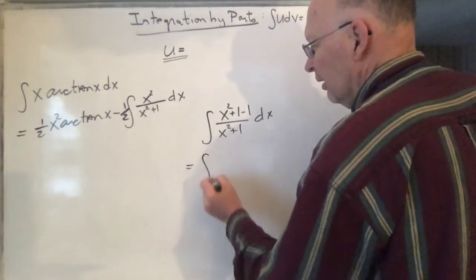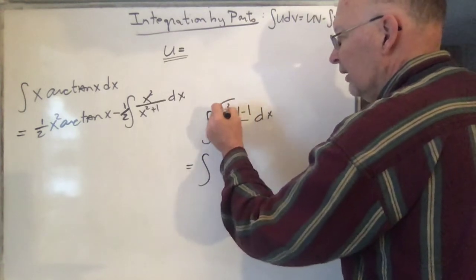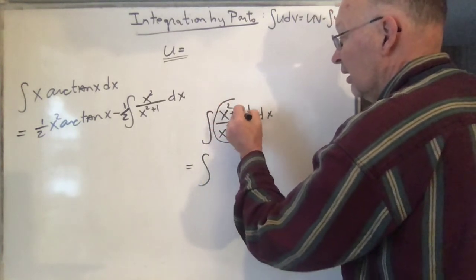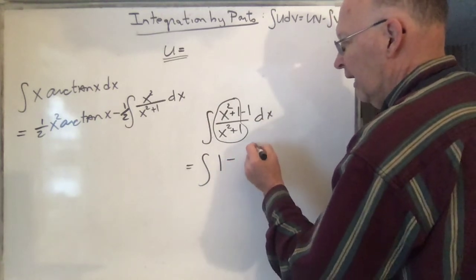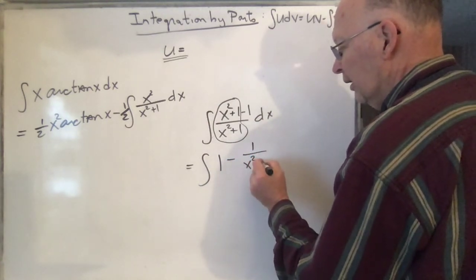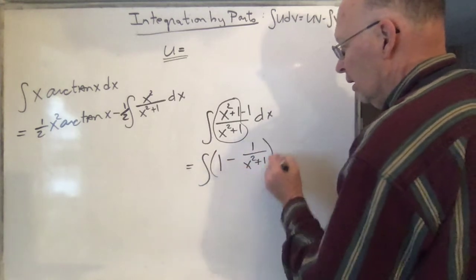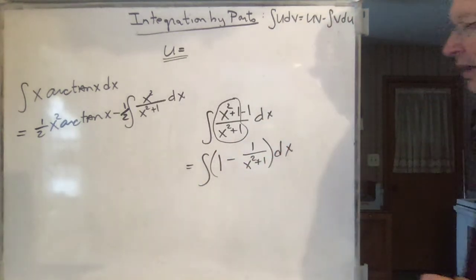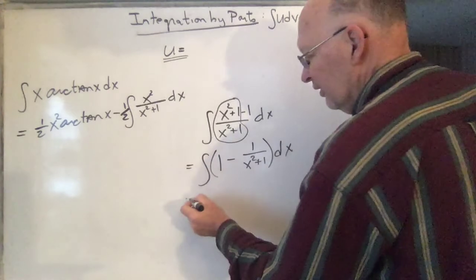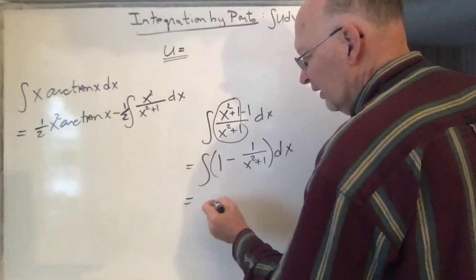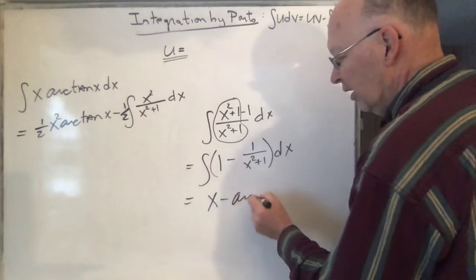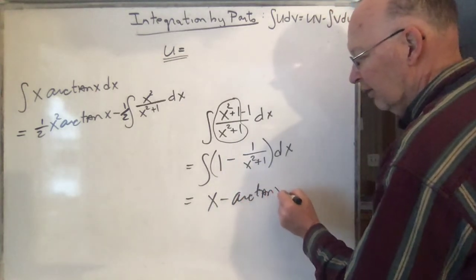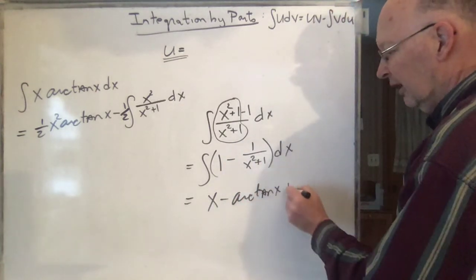So now this whole thing right here is just a 1, and then I'm left with minus 1 over x squared plus 1 dx. Agreed? And now, do you see the answer to that? The antiderivative of this is x, and the antiderivative of this is arctan. Agreed? Antiderivative of that is arctan plus c.